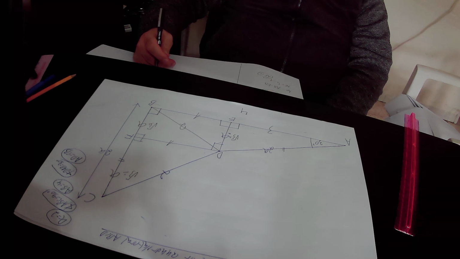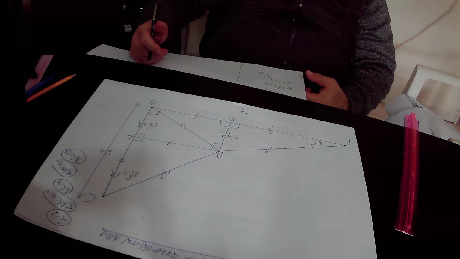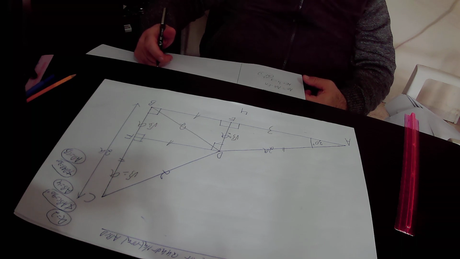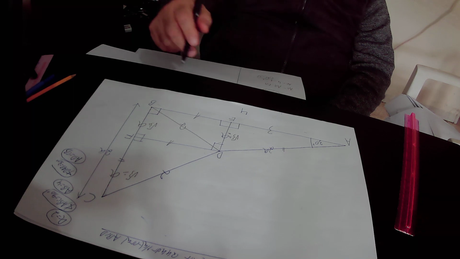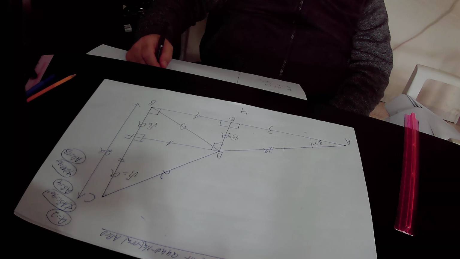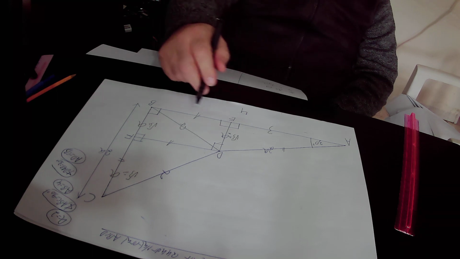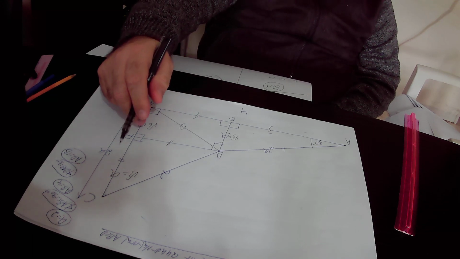the area of triangle DCF. I repeat again, the area of triangle DCF is DF, that is the base of the triangle, times the height, that is CF, over 2.